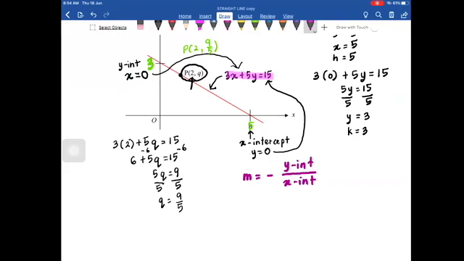So gradient is equal to vertical over horizontal. Maksudnya dia cari satu segitiga, apa distance vertical dia, apa distance horizontal.